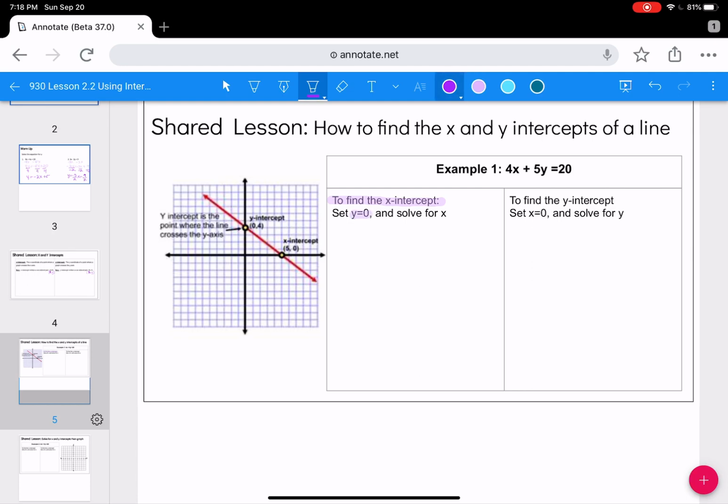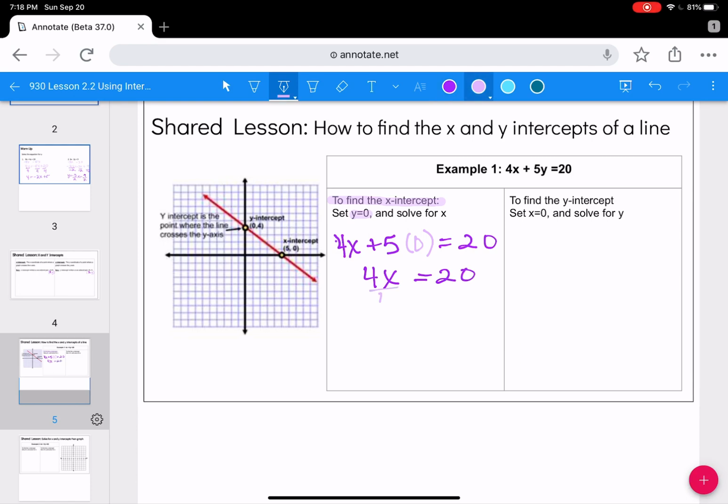So we have 4x plus 5. Now we're setting y equal to 0, so 5 times 0 is equal to 20. So then we have 4x, 5 times 0 is just 0, so 4x is equal to 20.